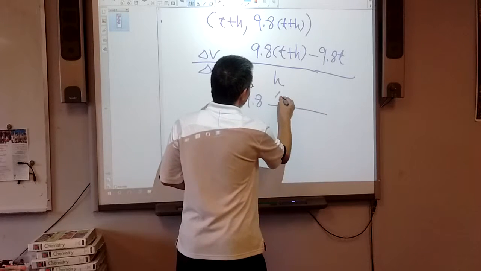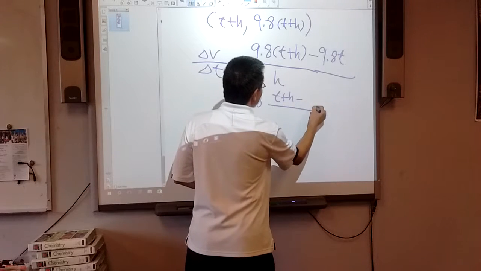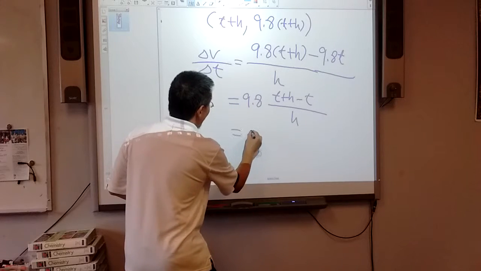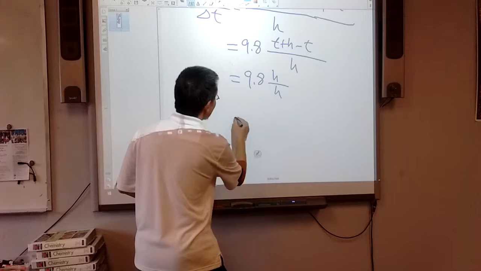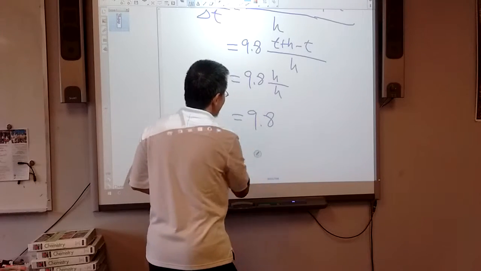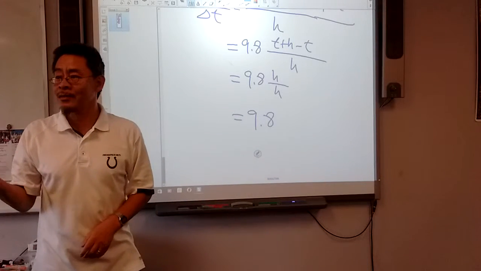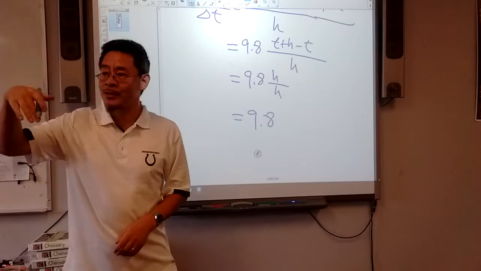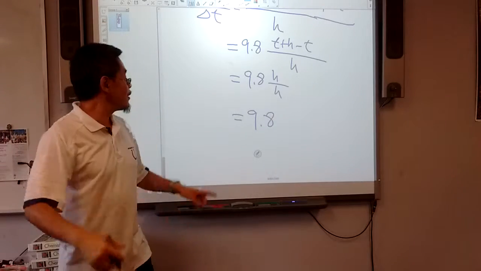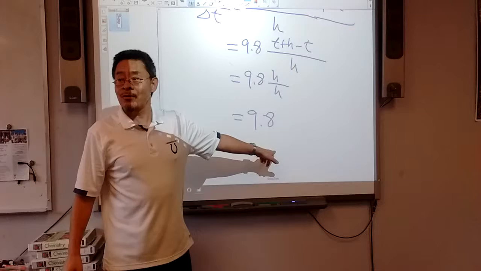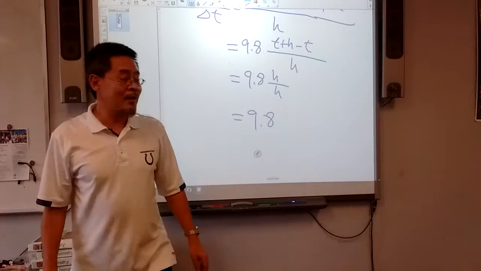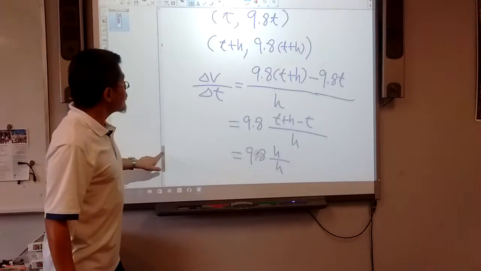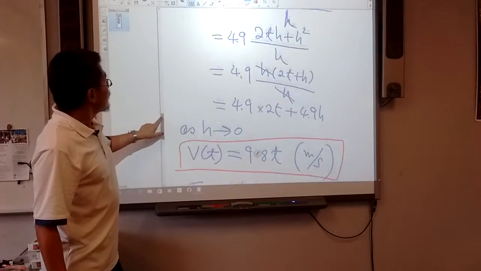We got t plus h minus t, h, and 9.8h over h. And that got canceled. We got 9.8. So the instantaneous acceleration is 9.8 for a free fall object, which is gravity. That is the standard gravitational constant. That's crazy. You just got the gravity.